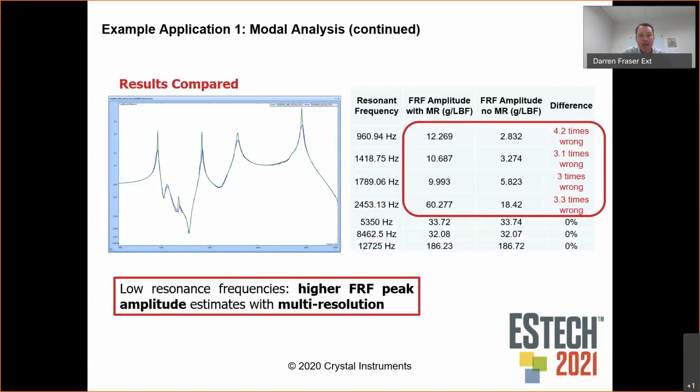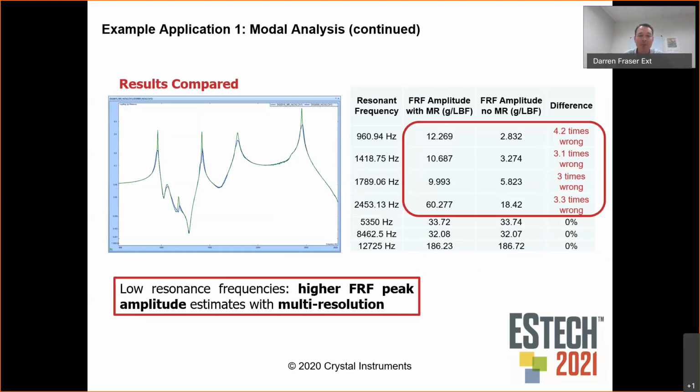So the last distinction we want to point out here between multi-resolution and a regular standard FFT run over this block or frame of data is the amplitude. You'll notice that we're able to get a lot better amplitude values with multi-resolution than we are with a basic FFT. And this also shouldn't be surprising.